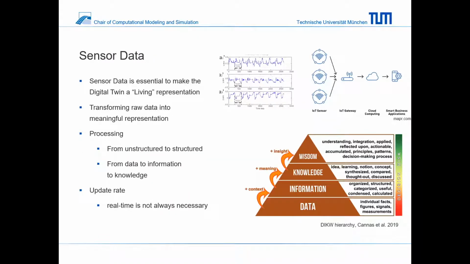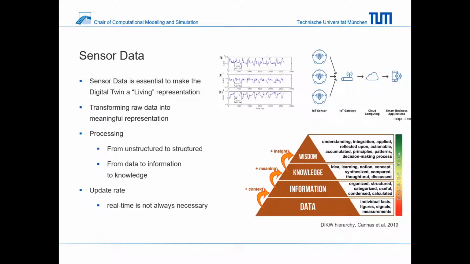Another very important component, and we heard about this very often this morning, is sensor data. For linking reality with the digital twin, we need sensor data. It is essential to make our digital twin really a living representation. But Mark also emphasized that the raw data itself, the sensor data itself, is in many cases meaningless.